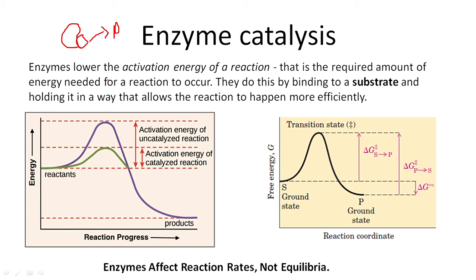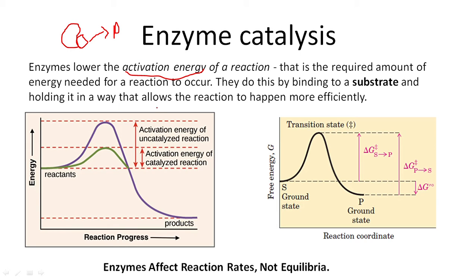Okay, but here when we talk about enzyme catalysis, this is what an enzyme does to substrate for the catalysis. But what it is actually doing is minimizing the activation energy. Activation energy is also known as the energy barrier that the substrate has to cross for converting to the product.